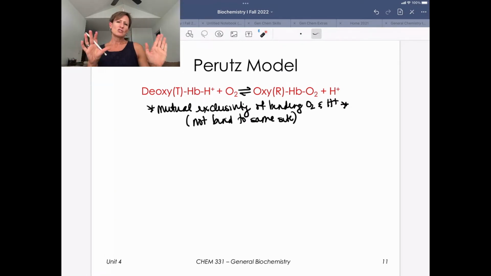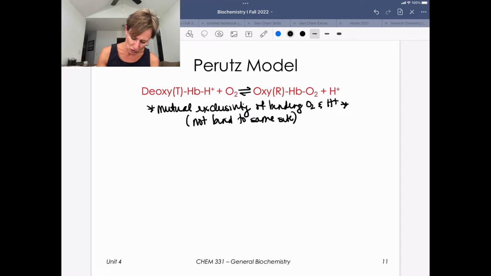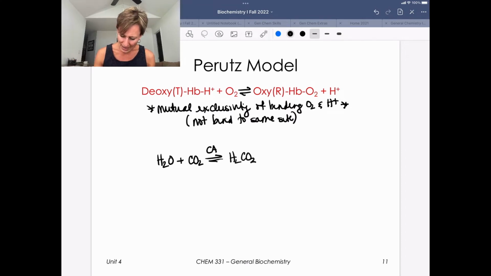So let's map on 3 other equations here, 2 that we know of already. Let's talk about our carbon dioxide elimination equation. So we've got water plus carbon dioxide in a reversible process with the enzyme carbonic anhydrase generates carbonic acid.